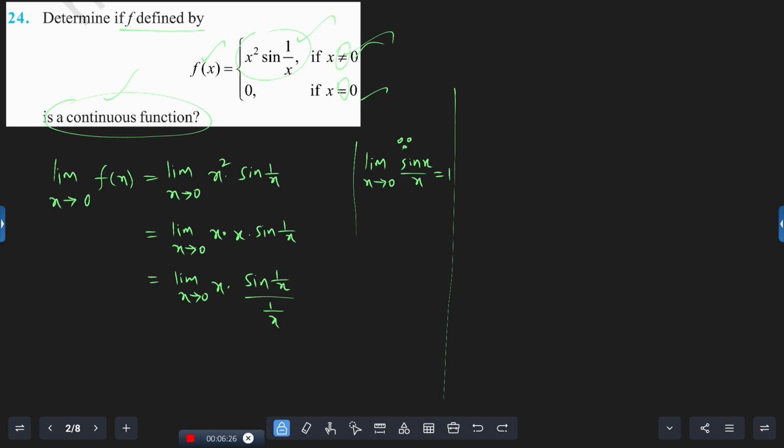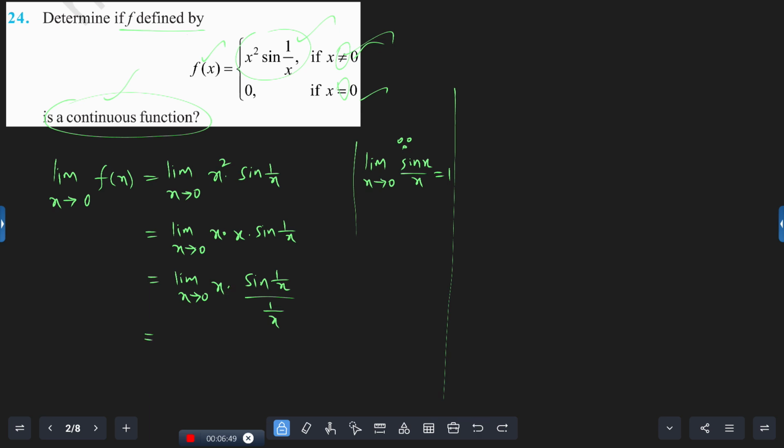You think? Is it a 1? Yes, surely you can give 1, because whatever we have here, the same thing must be there. Then only we can give a 1. Right, so this will be 1, but x is here. If you give x as 0, 0 into anything is 0.